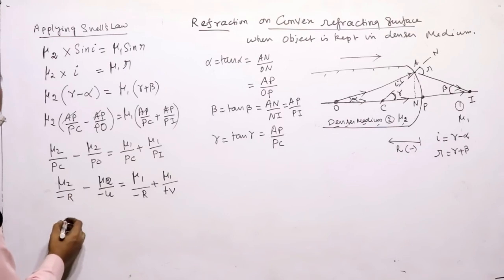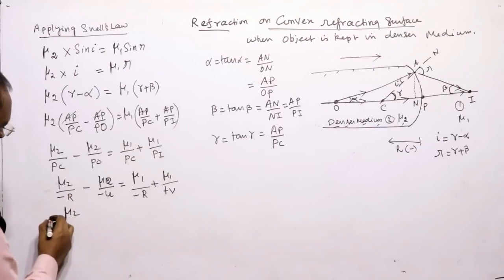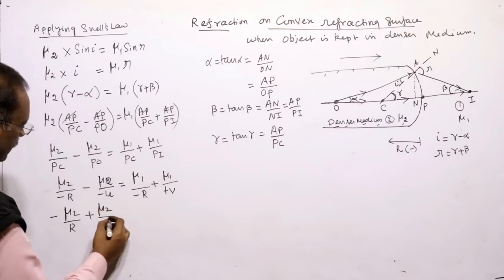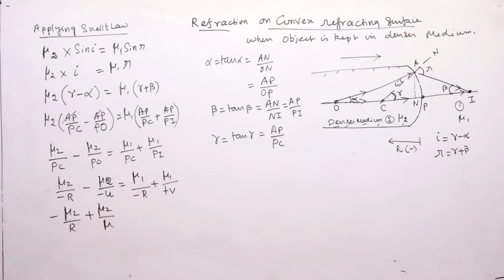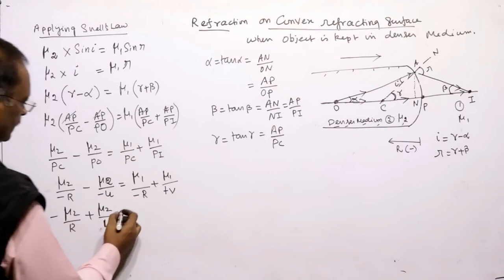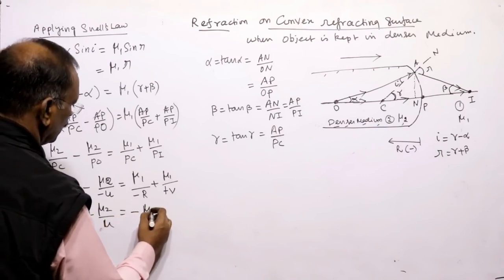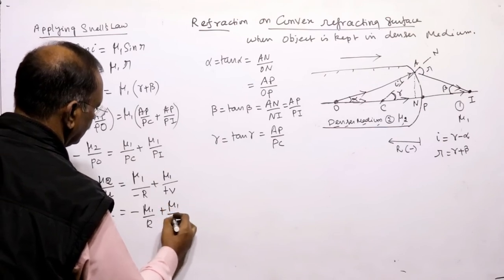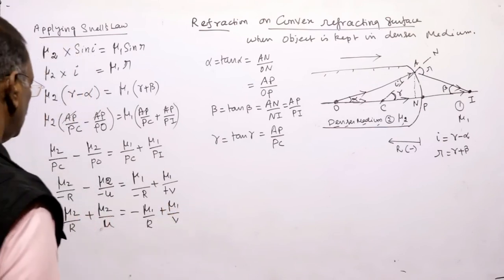So we can write this as mu2 by minus R minus mu2 by minus u is equal to minus mu1 by R plus mu1 by v. Now take the R to one side.